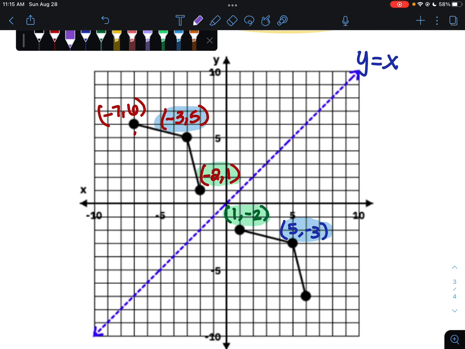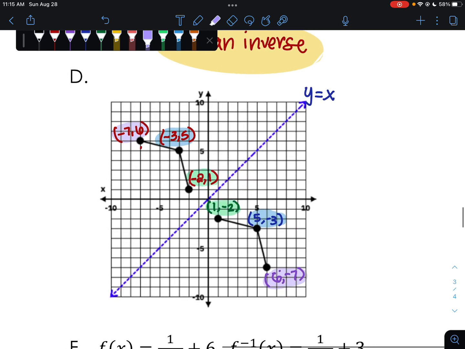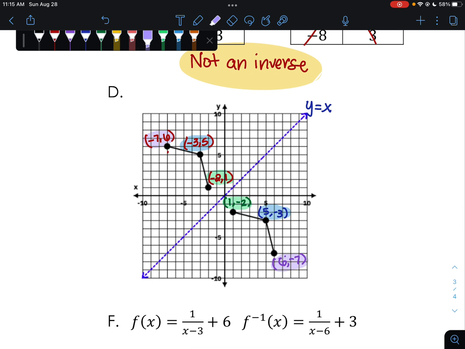I check my last point right here, which is 6, -7, and that is the x and y values flipped of those points. So since all of my points are just x and y values flipped, that means this is an example of an inverse.